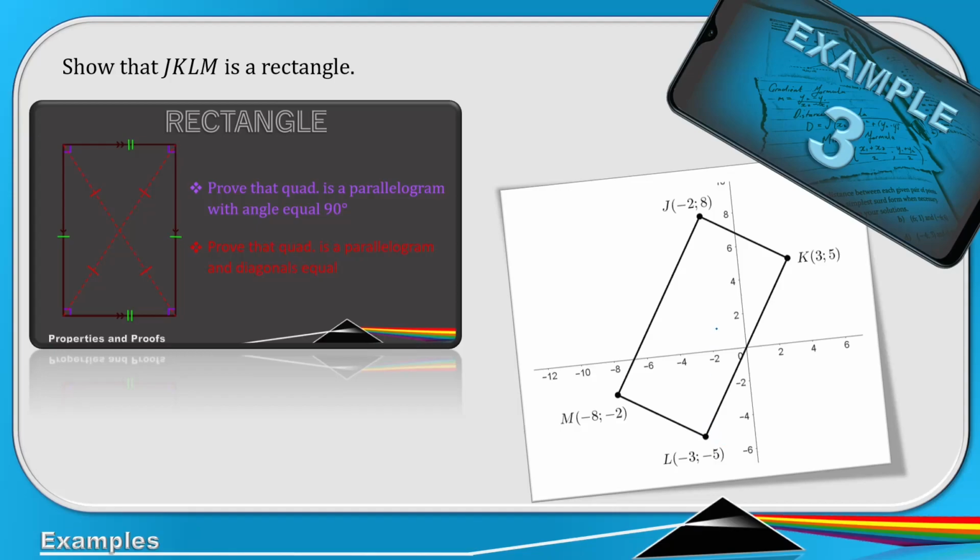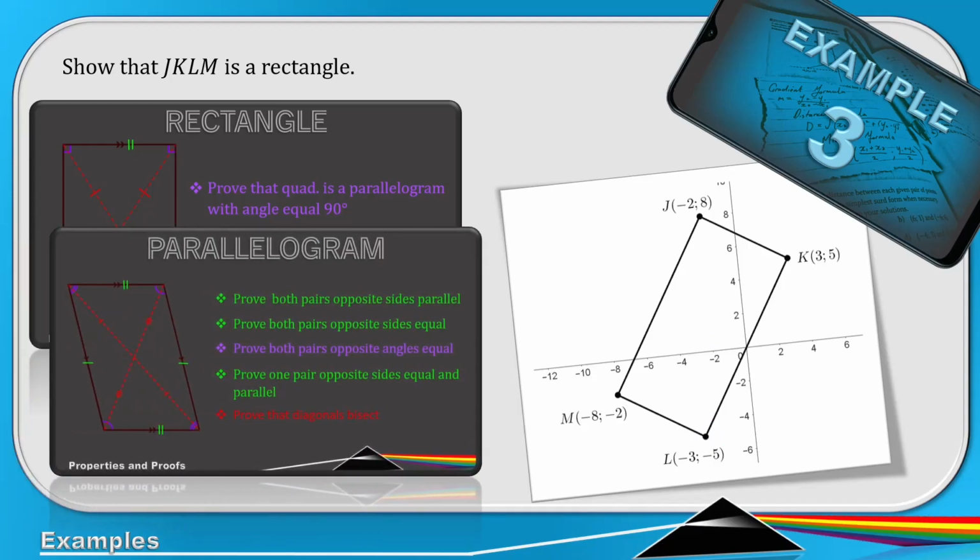So if we look at the parallelogram, we can also use the gradients. If we show that both pairs of opposite sides are parallel, we are also going to calculate the gradients of all the lines, okay? So that means I wouldn't have to do double work.